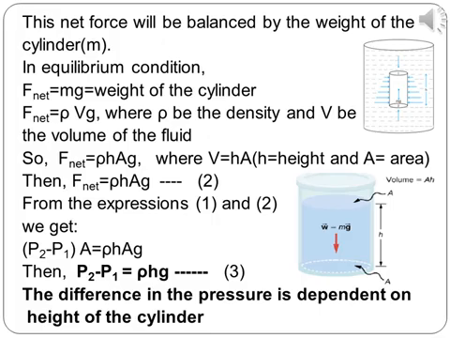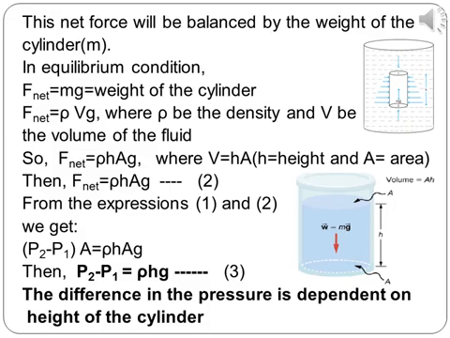Therefore, F net is equal to rho Vg, since mass is equal to rho V, where rho is the density, mass per unit volume, and V is the volume of the fluid. So, F net is equal to rho h Ag, where V is height into area of cross-section of the cylindrical element. This is expression 2.